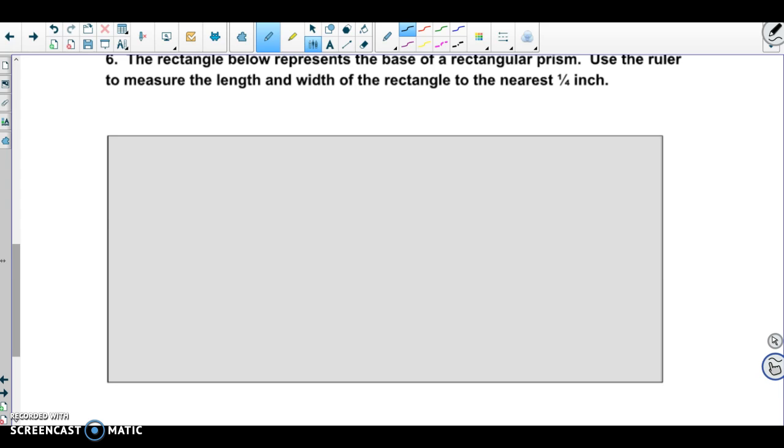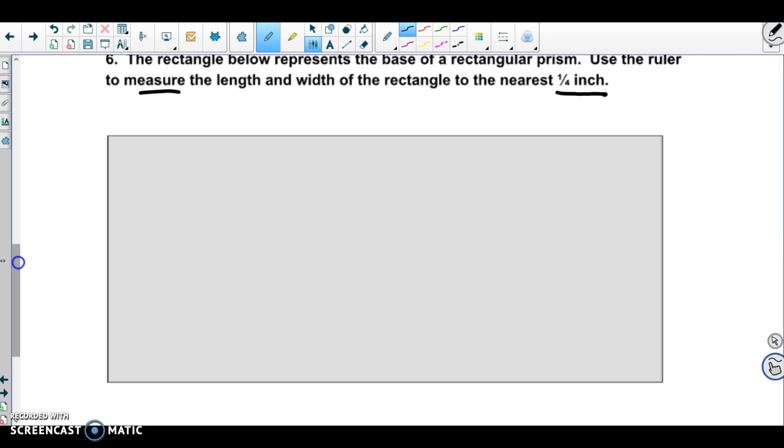They want us to measure the length and the width of it to the nearest 1/4 inch. So again, you're using your ruler on your star chart, so we can use that. You can't see it up here, so I'm going to give you the answer, and if you're not getting that, you must come in and ask some questions so somebody can help you, okay? Whether you're asking at home or here at school, to the nearest 1/4 inch.